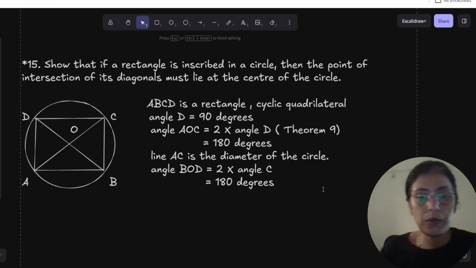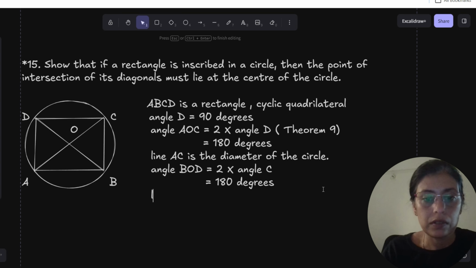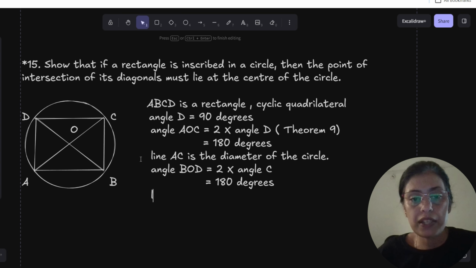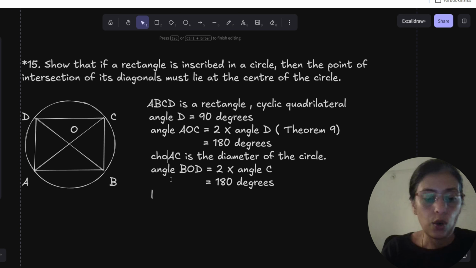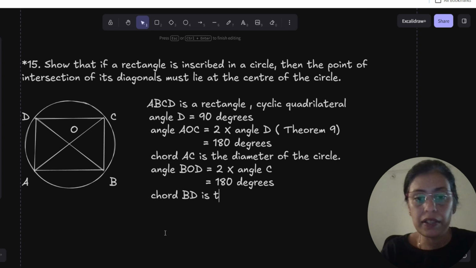And similarly, we can say, or maybe we should not say line, we should say chord AC, and similarly chord BD is the diameter of the circle.